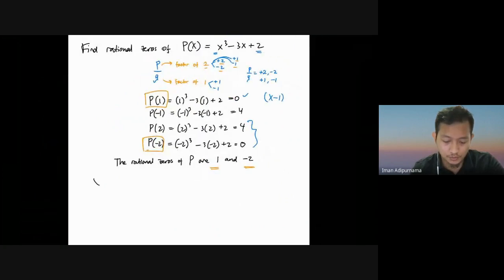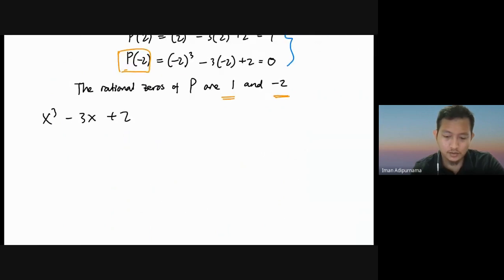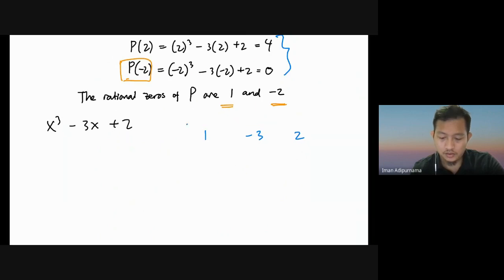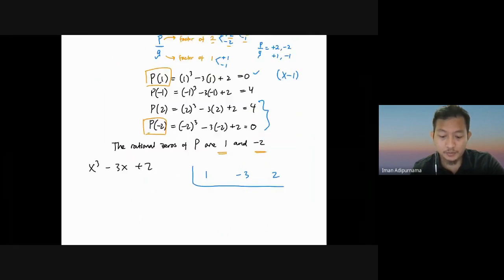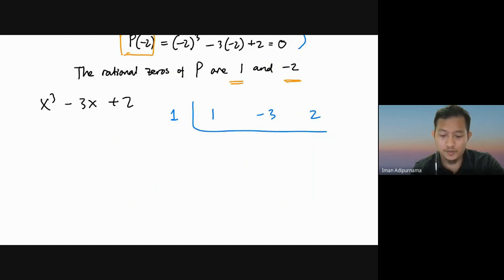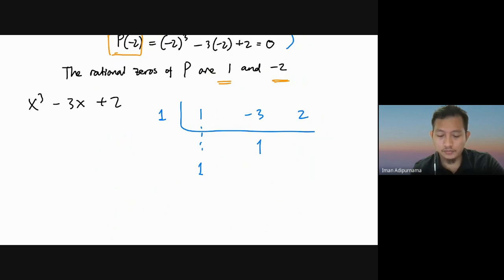So let me write x cubed minus 3x plus 2. So 1, -3, 2, and divide by x minus 1. So divide with 1. This is 1. This is another 1. So this will be -2, -2, and okay, this is completely divided.